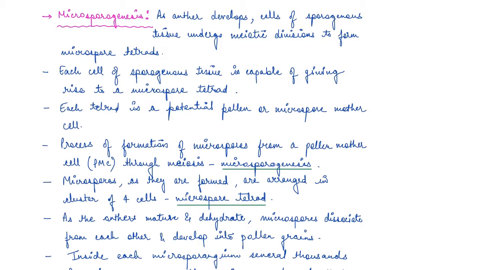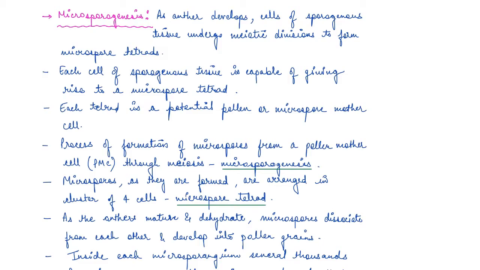Now, always remember that as the anther matures and dehydrates, the microspores dissociate from each other and develop into pollen grains.